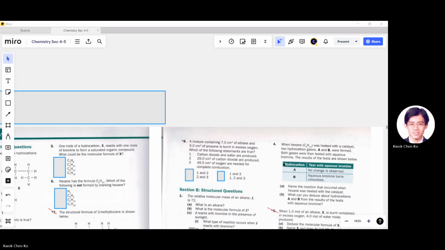Weeks. Is it? Oh, next week. Yeah, so try to treasure your secondary school days. Very fast it'll be gone.